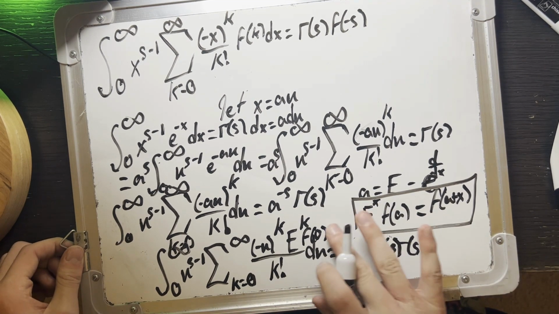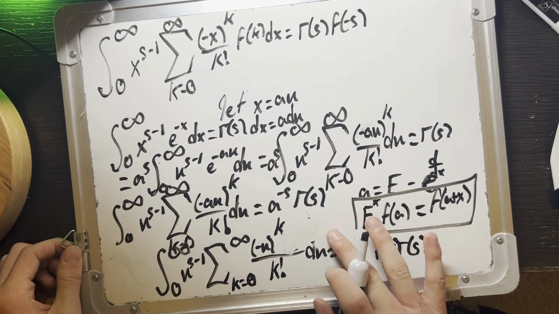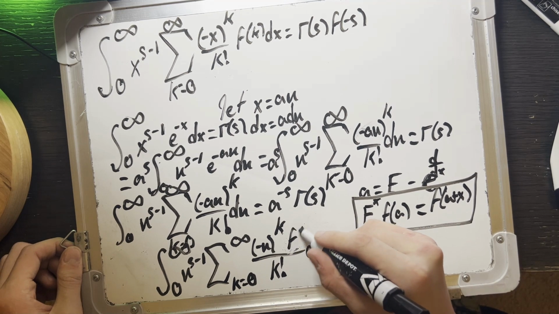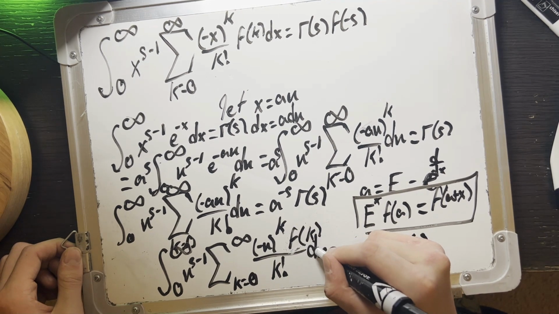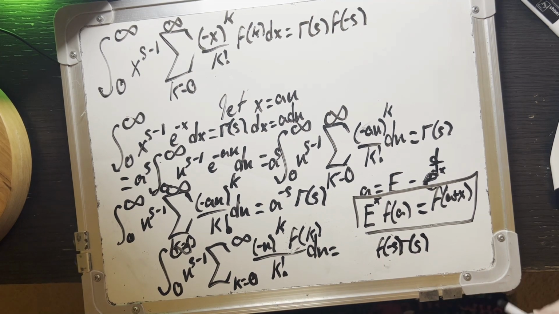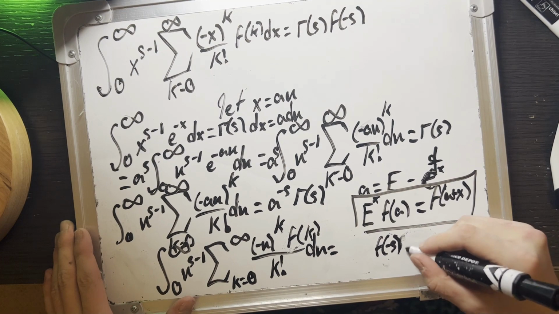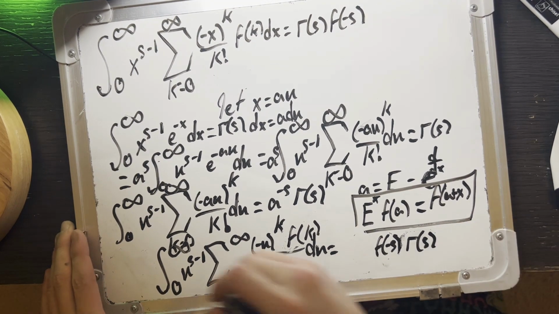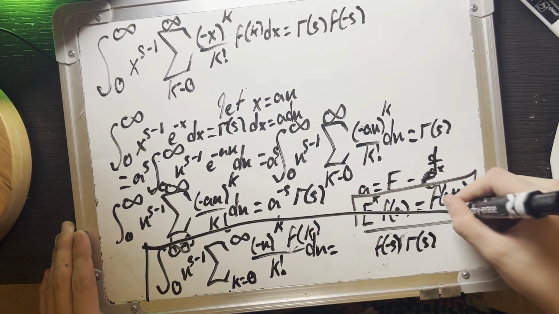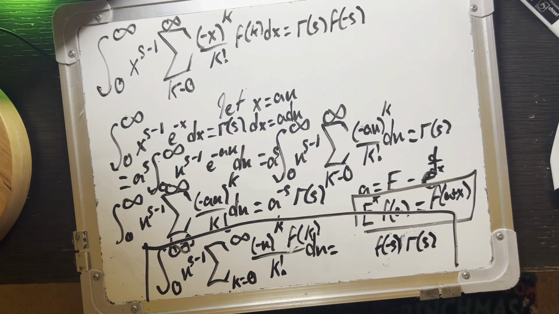Now, combine the two, and you get f of k. That's it. That's actually how you derive Ramanujan's master theorem. Here, I'm going to rewrite this gamma. So, that's how you derive Ramanujan's master theorem.